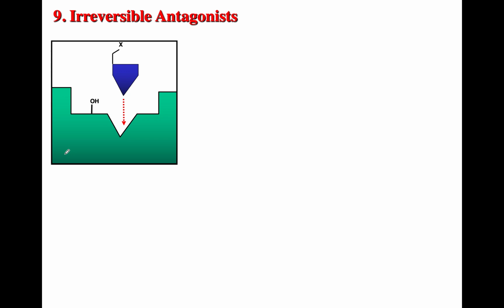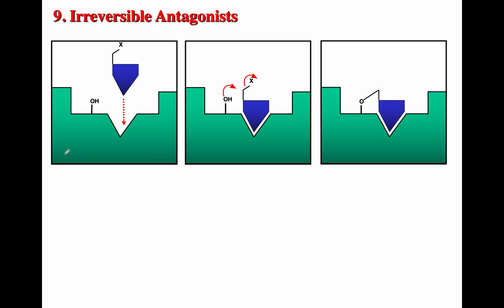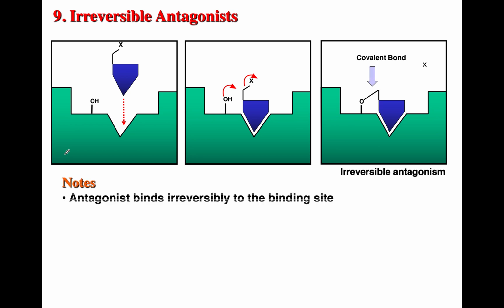So they're designed with the intermolecular interactions in mind. They come in, they bind to the receptor, but in addition to binding to the receptor binding site, there is some covalent bonding that takes place that leads to the antagonist being bound irreversibly to the receptor.